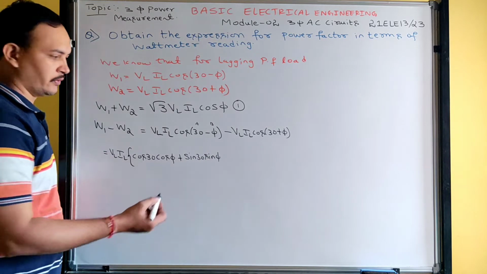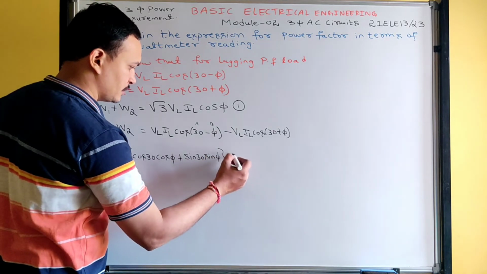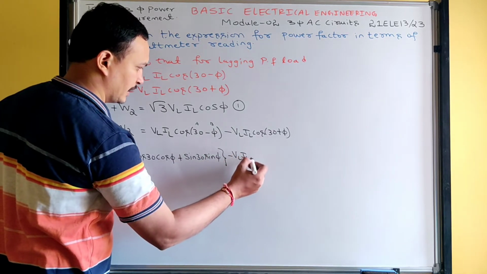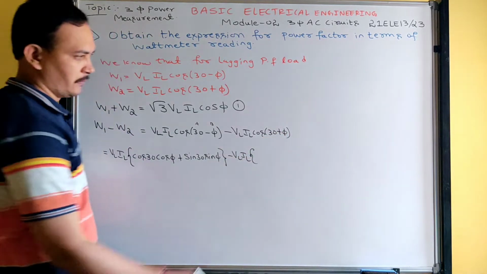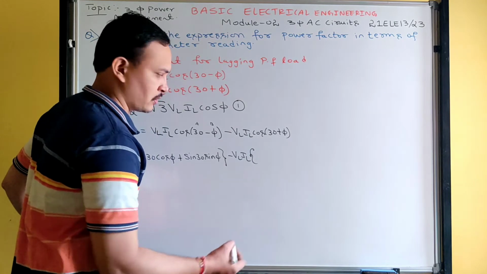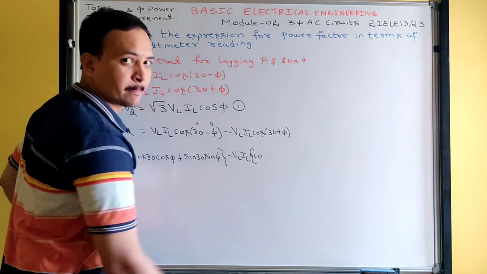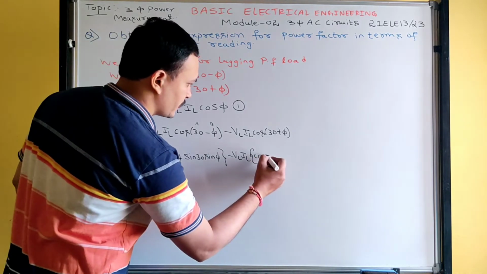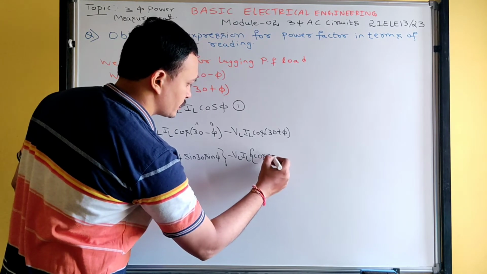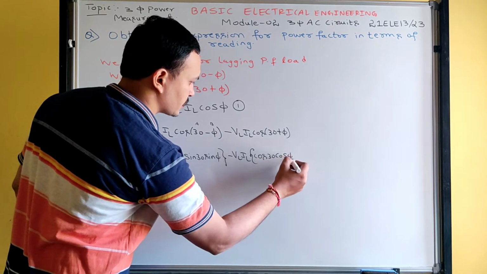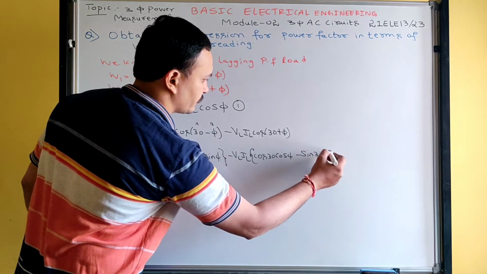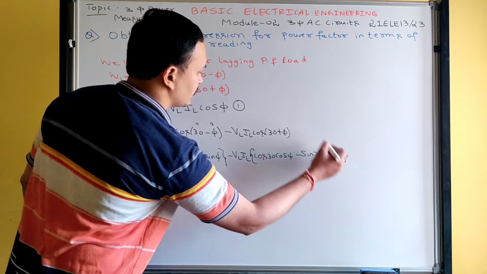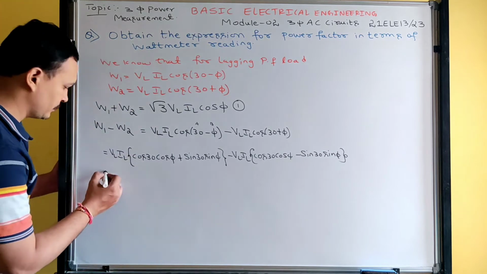I applied the formula. Then minus VL IL, now apply the cos(A plus B) formula. What is the cos(A plus B) formula? Cos A cos B minus sin A sin B. Now simplify these two.